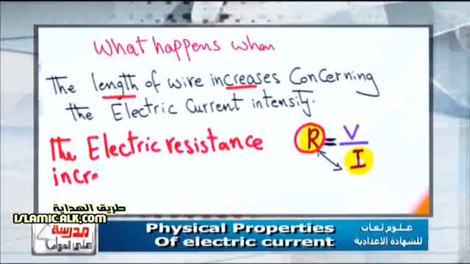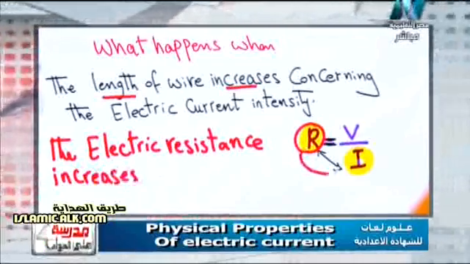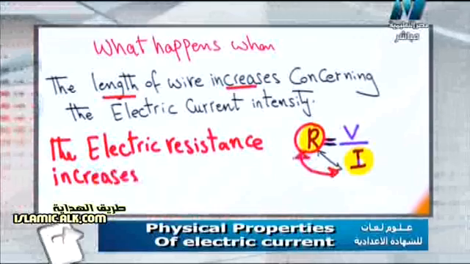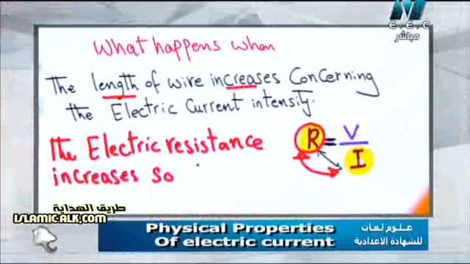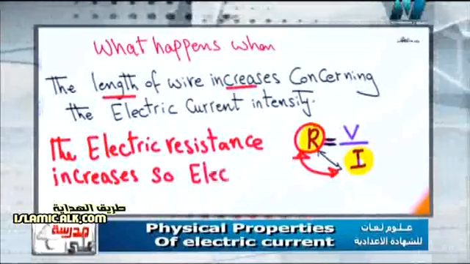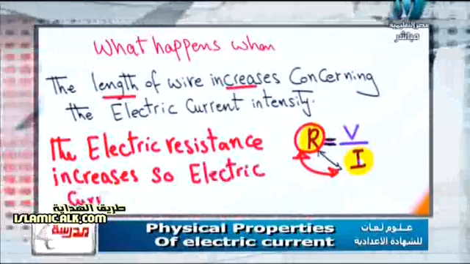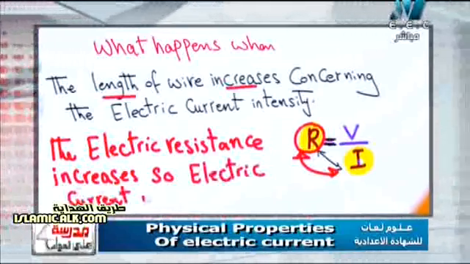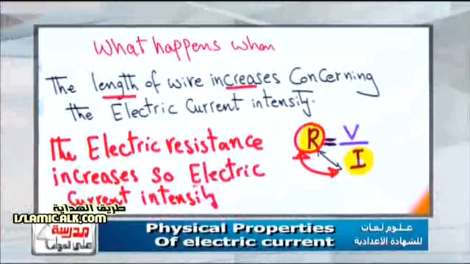And we know electric resistance is inversely proportional with electric current intensity. So the electric current intensity decreases.